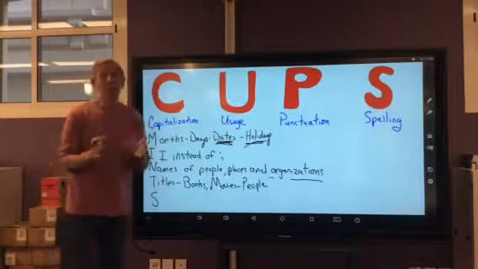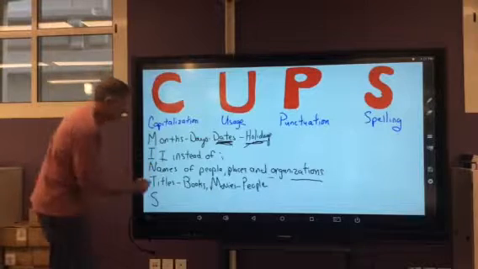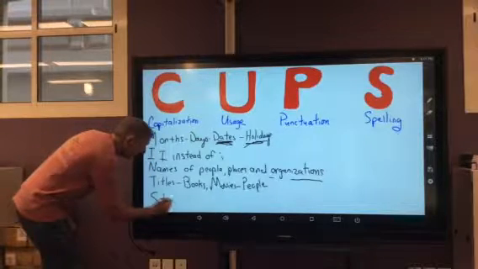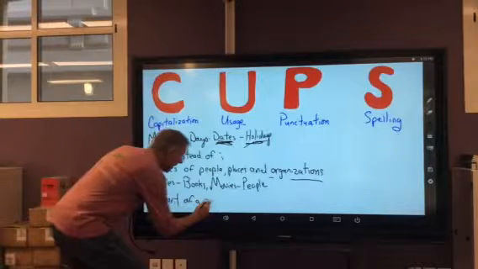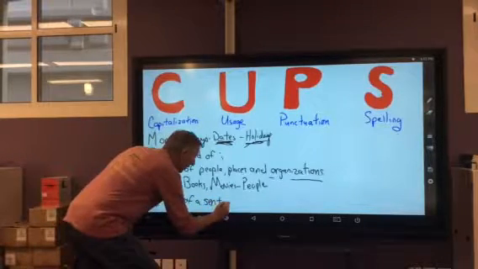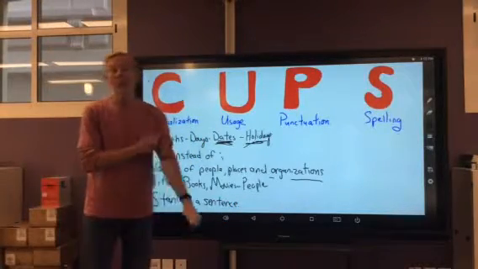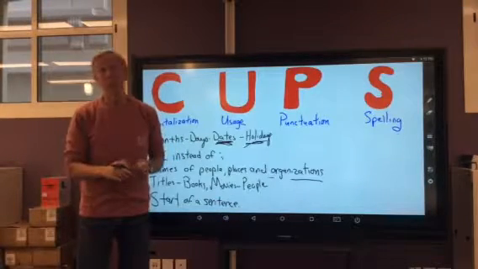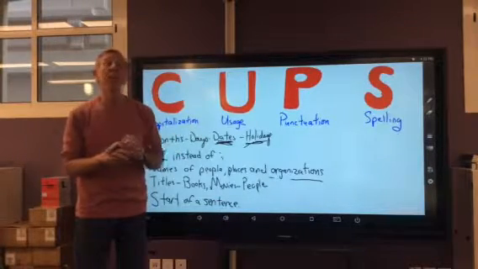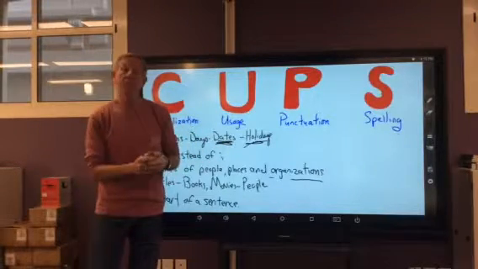is something that we're still struggling with, a number of us, okay? S, start of a sentence. Okay, when we start a sentence, we need to use a capital. Hopefully we'll end it with a period, but even if there's just a period, we need to let our readers know that they can take a breath and start a new sentence.